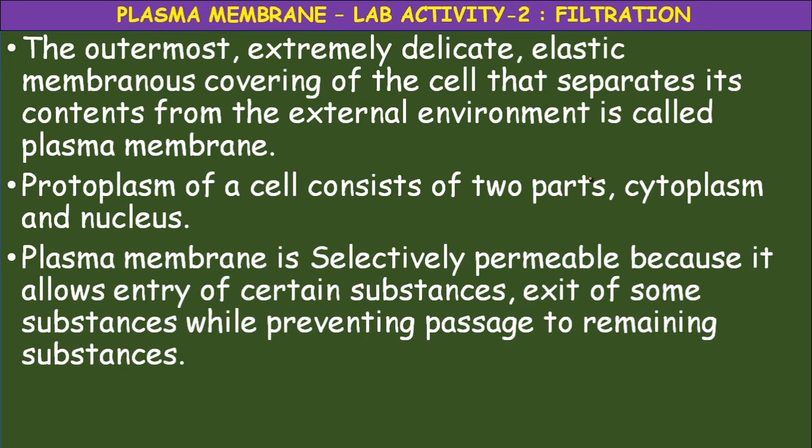So plasma membrane is selectively permeable because it allows entry of certain substances, exit of some substances, while preventing passage of remaining substances. See the concept here. Plasma membrane is selectively permeable.